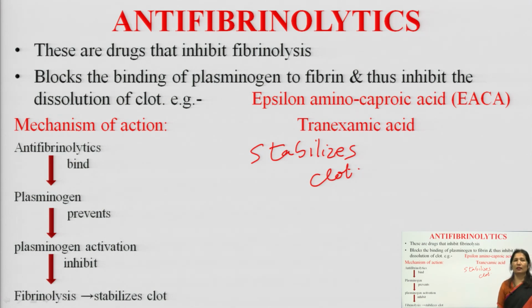They block the binding of plasminogen to fibrin and thus inhibit the dissolution of clot. Examples are epsilon aminocaproic acid and tranexamic acid.